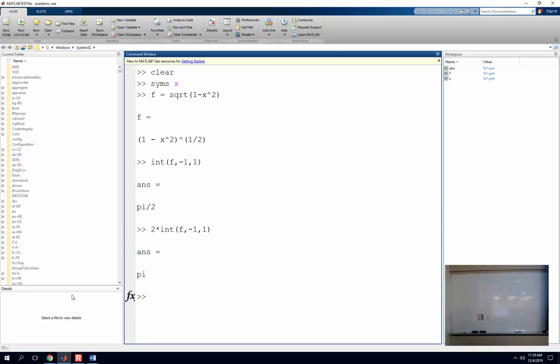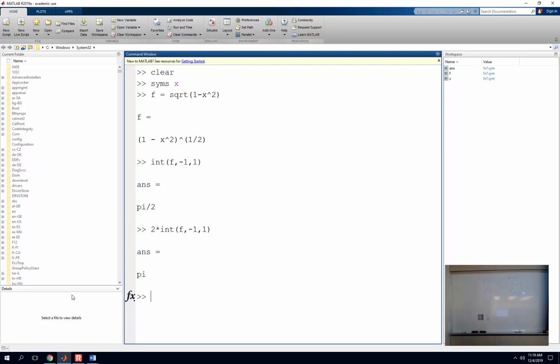Not a number. Yeah, that's a pi. 2 times that integral is pi, if I use the analytical solution. Because it's symmetrical, I just multiply the upper side by 2. I can do the lower side as well.